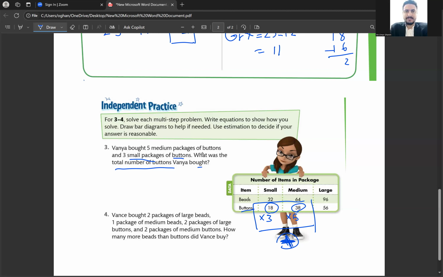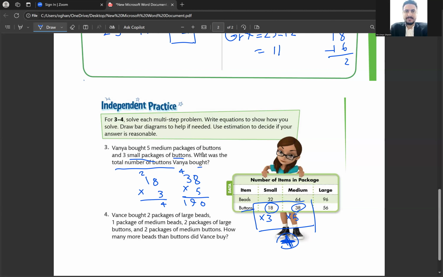Okay, let's multiply together. 38 times 5. 5 times 8 equals 40. And then 3 times 5, 15 plus 4, 19. And then we have 18 times 3. 3 times 8, 24.